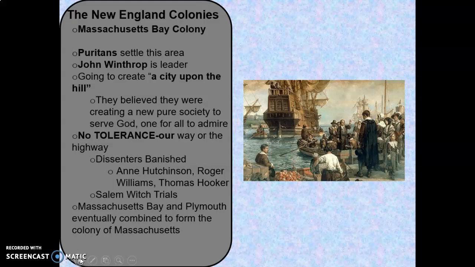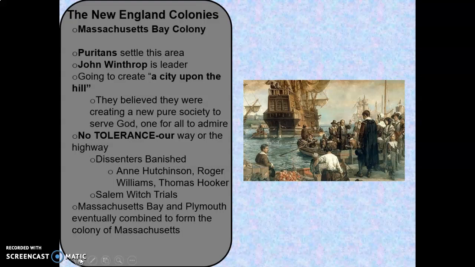It comes from this, and basically it means we want to be a city, we want to be a culture that everybody in the world looks up to. They believed they were creating a new pure society to serve God, one for all to admire. No tolerance for different religious beliefs.